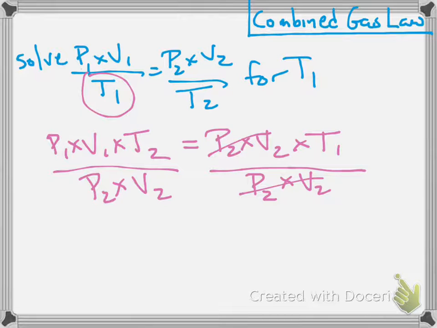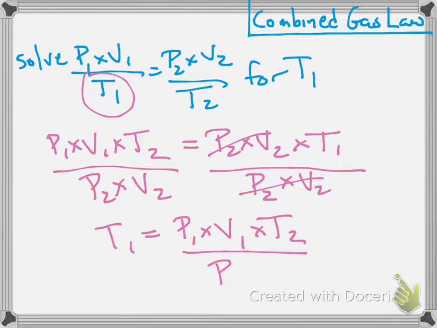We're going to eliminate those variables, and then on the other side, we're going to end up with T1 all by itself, because we've canceled everything else out, equals P1 times V1 times T2, all over P2 times V2.